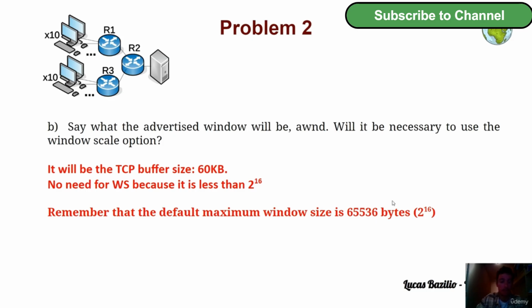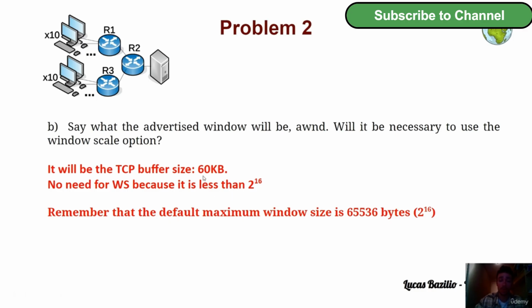So if our window is greater than this size, we will use Windows scale. Otherwise, there will be no need, since if it is smaller, the default window size provides sufficient granularity for flow control and efficient data transfer. And this is precisely our case. The Windows scale will not be needed because the advertised window is 60 kilobytes, which is less than 2 raised to 16 bytes.